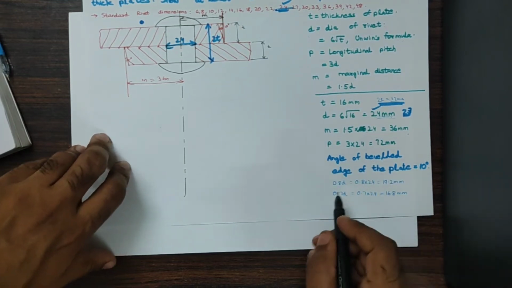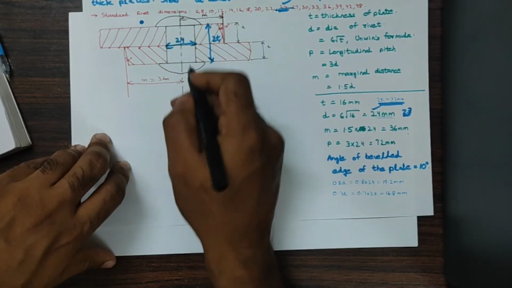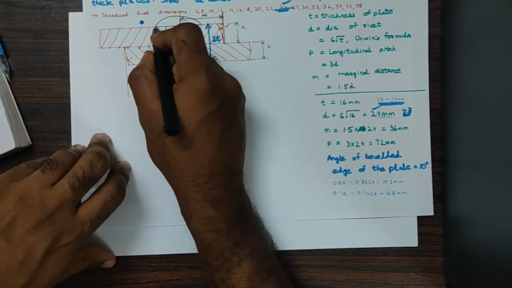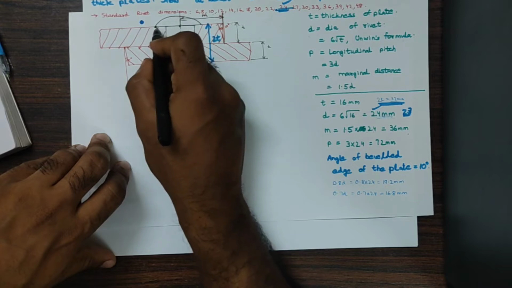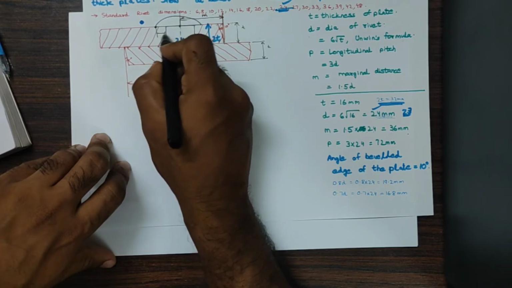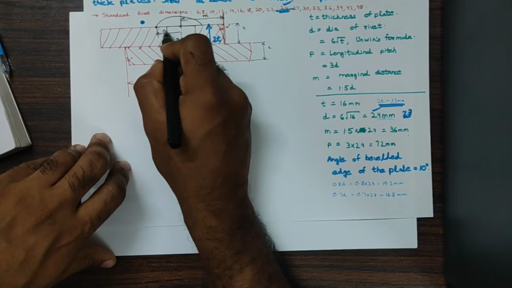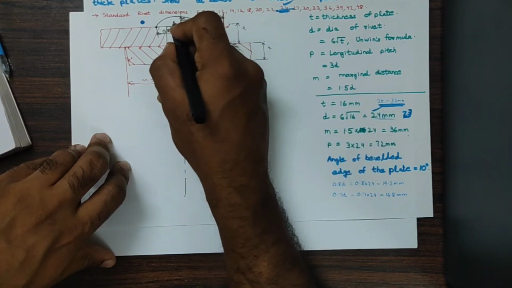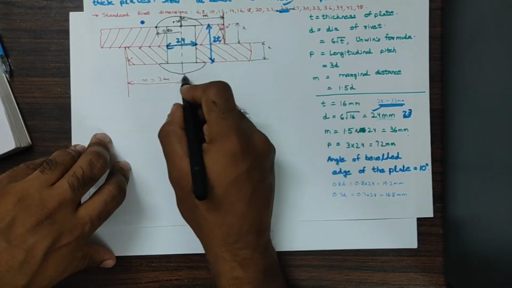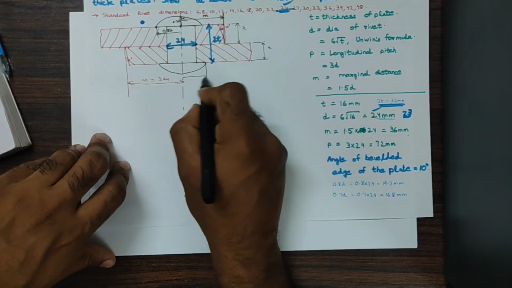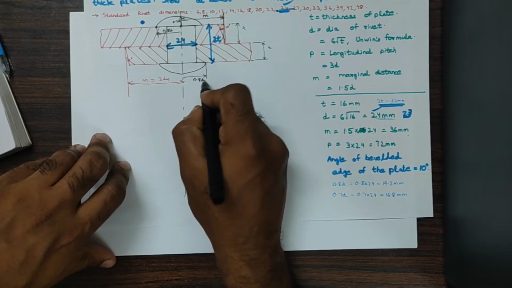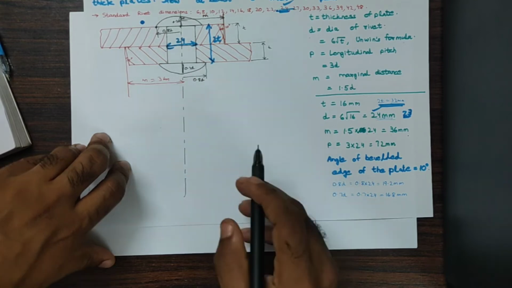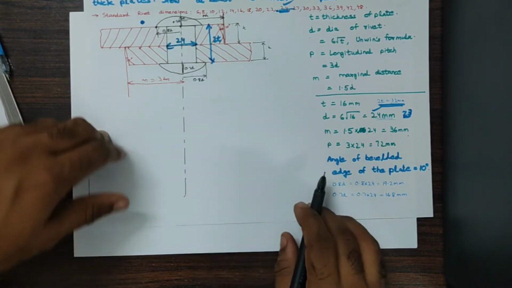If you look at this, this much distance, that is distance between the center of rivet and to this particular point will be 0.8 times d, and this much height will be 0.7 times d. I repeat, this much distance will be 0.8 d, and this height will be 0.7 d. So I have to mark that 0.8 d and 0.7 d.